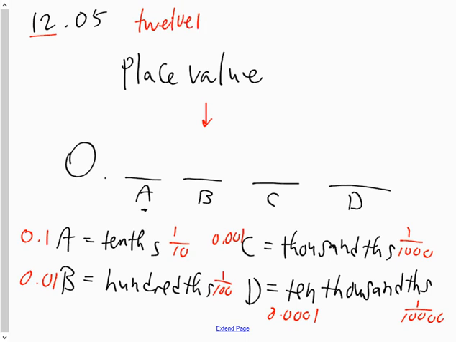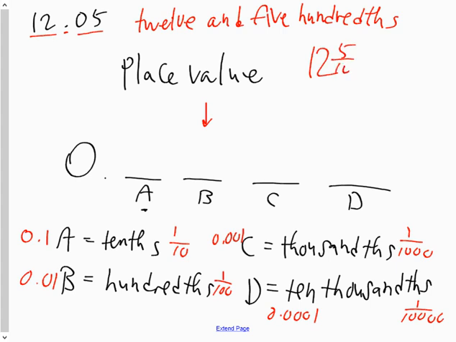And then we're going to read the decimal as the word and. And finally, we have the 0.05, which ends in this position here, which is the hundredths. So we're going to read that as being 5 hundredths. Okay. So now that we've written it in words, we have 12 and 5 hundredths. It's going to be 12 and 5 hundredths as a fraction.